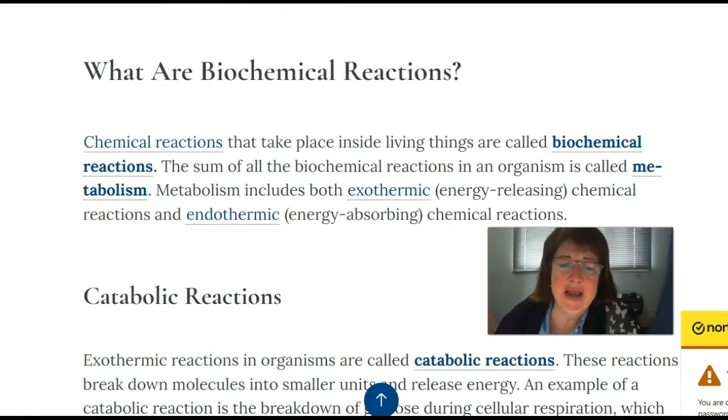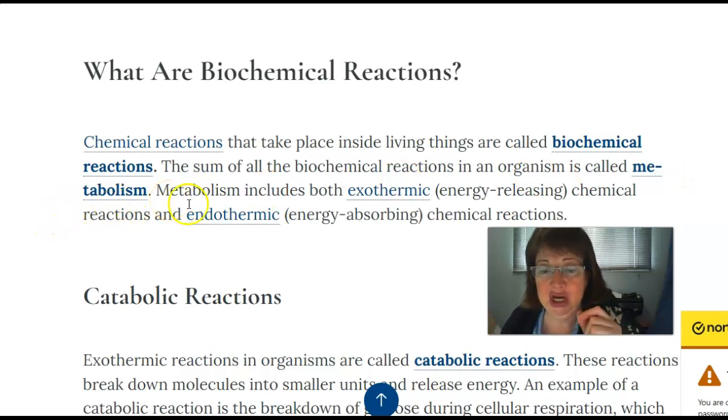When we look at biochemical reactions, these are the reactions that are happening in the body. The interesting thing about the human body is the temperature. These reactions have to happen at a certain and regulated temperature. The sum of the biological reactions is called metabolism.